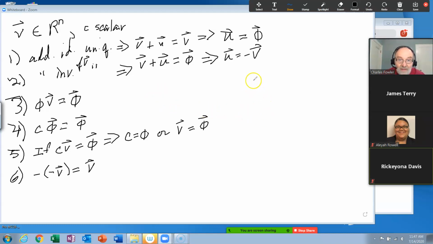Okay, let me first start by getting straight lines, that'll make it look a little better anyway. I'm going to try to draw a horizontal line here. That's fairly close, but not really all that close, okay? And I'm going to try to draw a vertical line here.